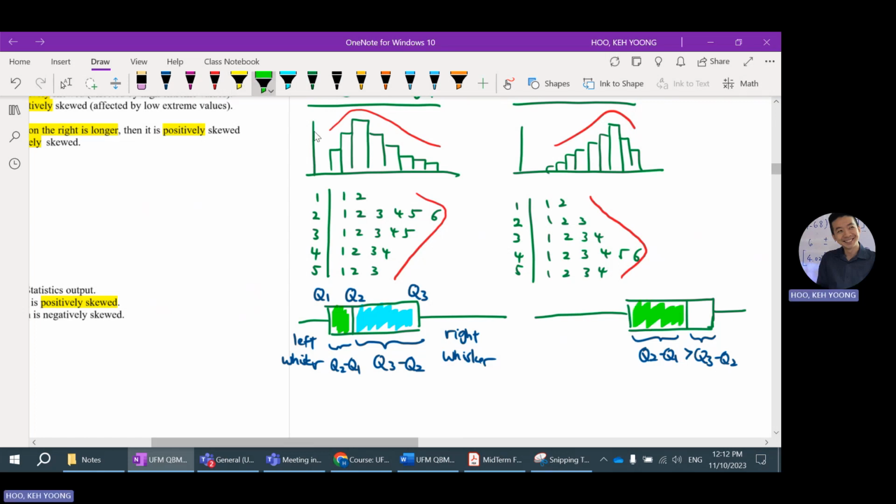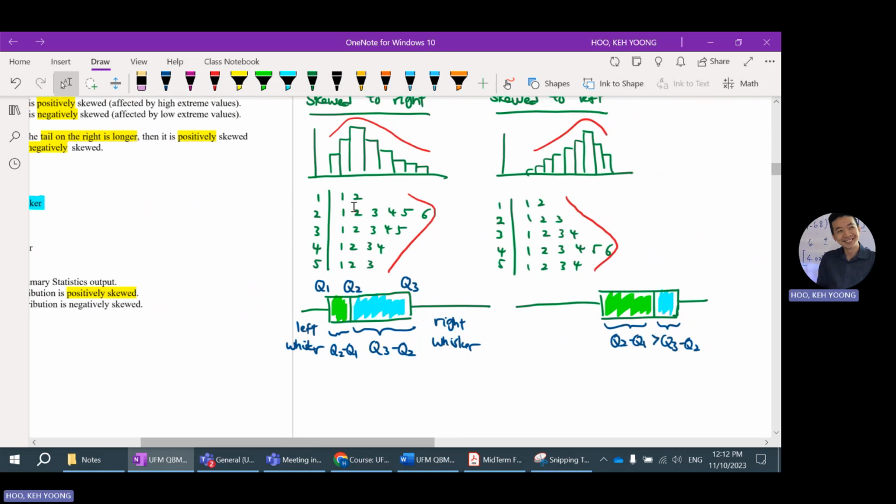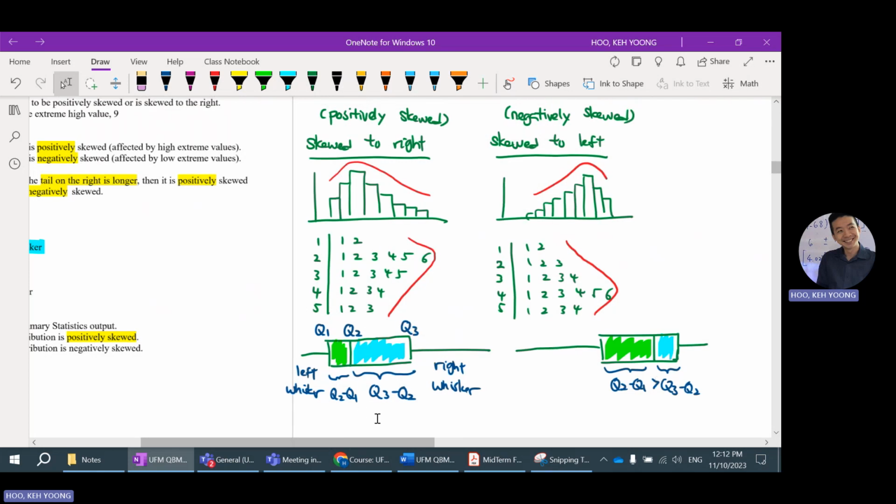The size of the left box is larger than the right box. So if you have done your question B and C, you check and see what your answers are.